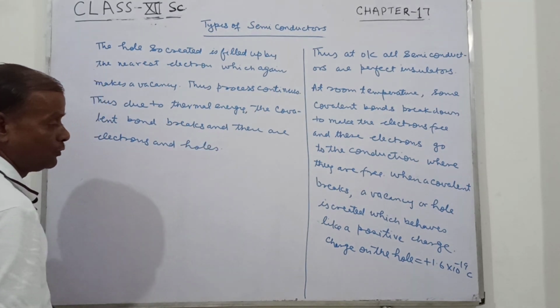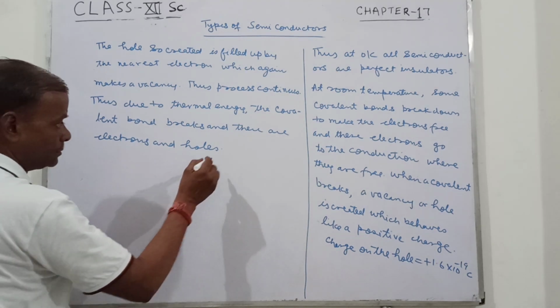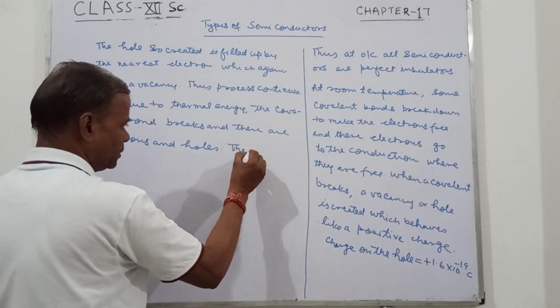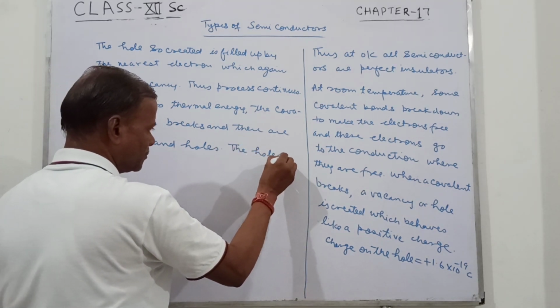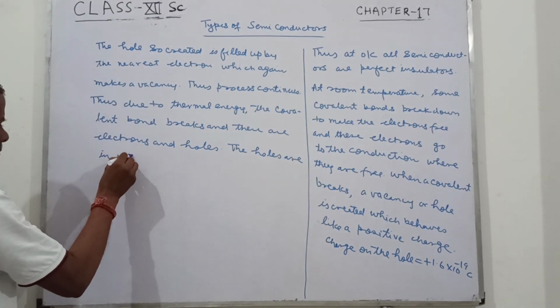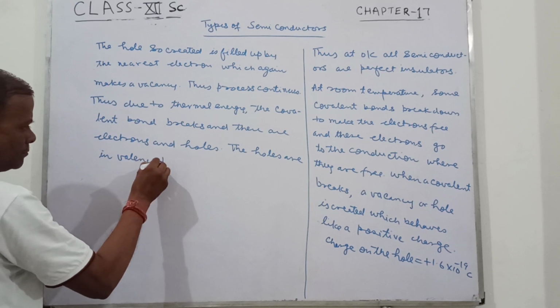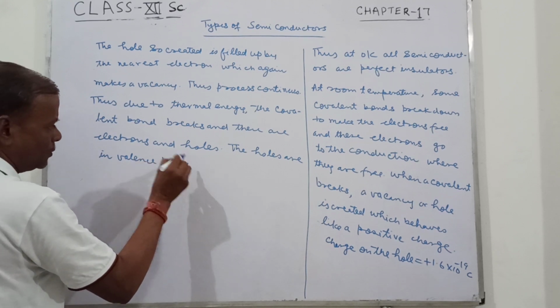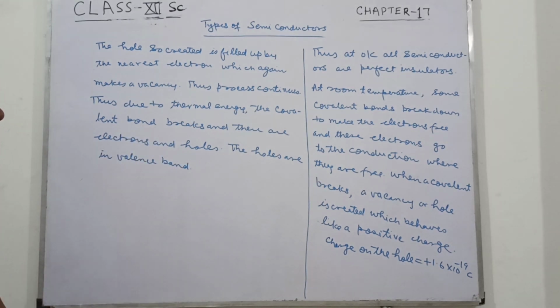The holes are always found in the valence band. So the number of holes is equal to the number of electrons. Both are in the same amount.